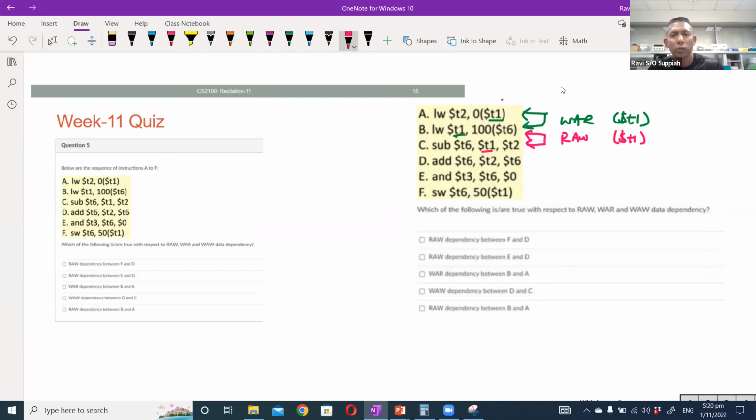Now between C and D, you see that both C and D are updating T6. That is fine, because here you are updating T6, so it's write after write. So that is for T6. Now the next one, between D and E, is read after write, correct, because here I have T6.